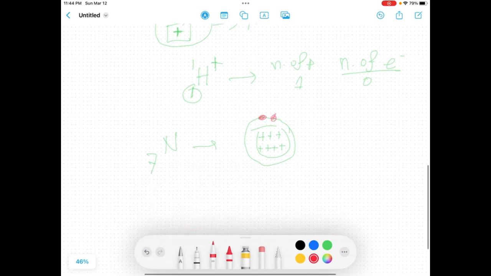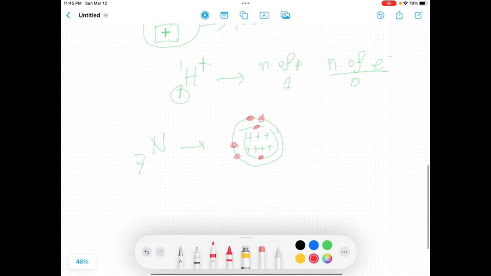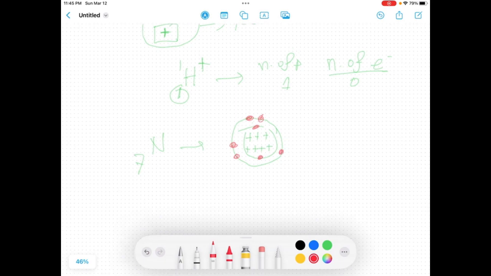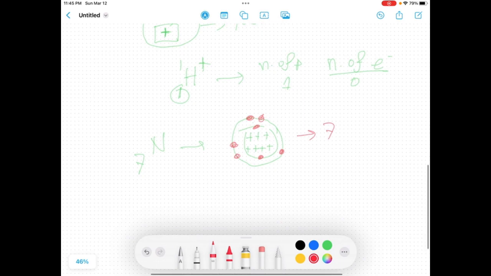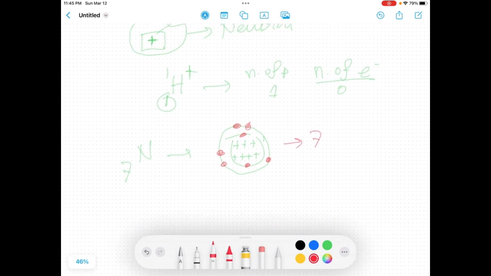Actually in the first shell there will be 2 and in the second shell it will be 5. So total 7 electrons outside. So that's why this nitrogen is neutral. So in that case you can say number of proton 7, number of electron 7, because neutral.